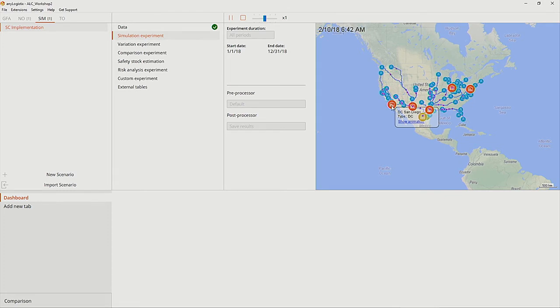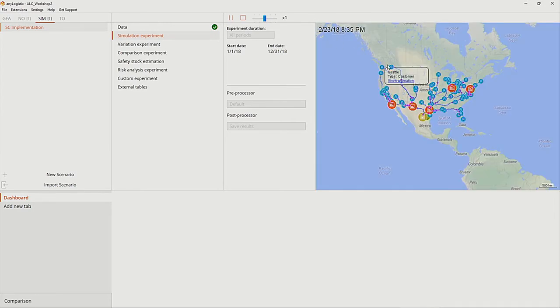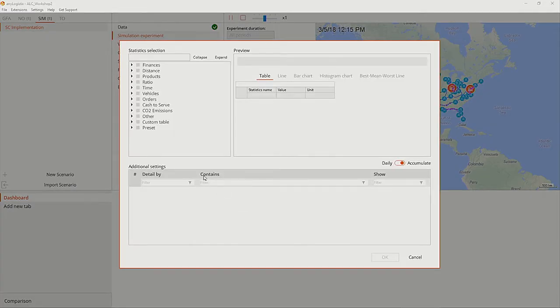The behavior of customers is a little bit easier, smaller, because they just place orders and get shipments. So during the simulation, we gather a lot of statistics, and I will add some of those to the dashboard.